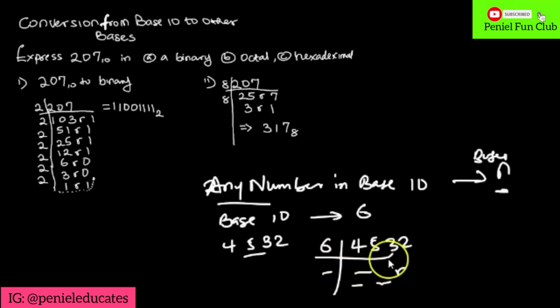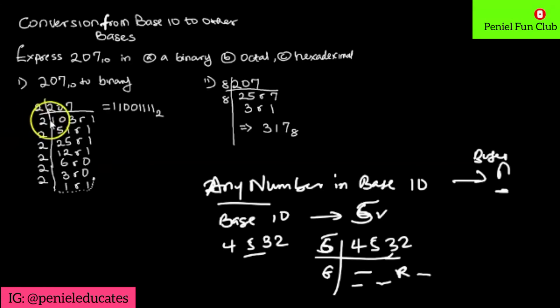Constantly divide it by 6 and I'll get the remainders. Whatever I get will be my answer in base 6. The same thing happens if I'm to convert this base 10 number to base 5. I'm going to use 5 rather to divide the number. So that is how to convert from base 10 to other bases.